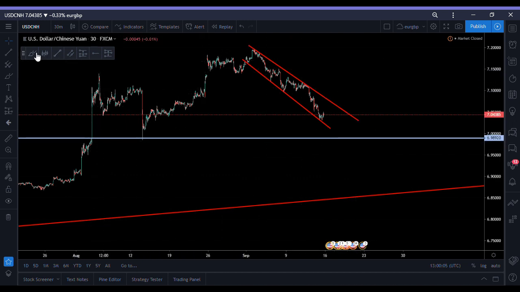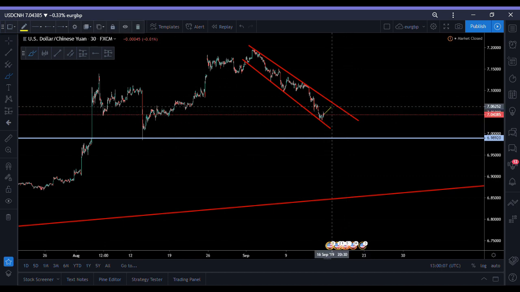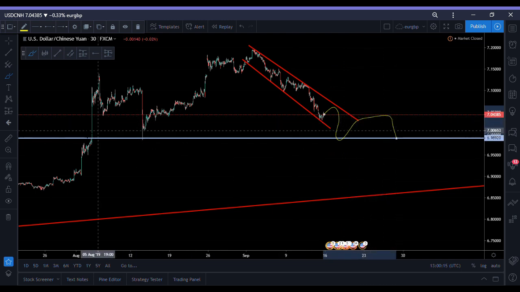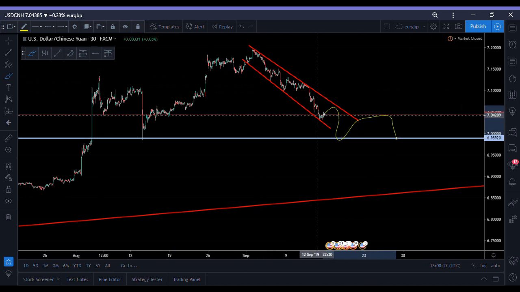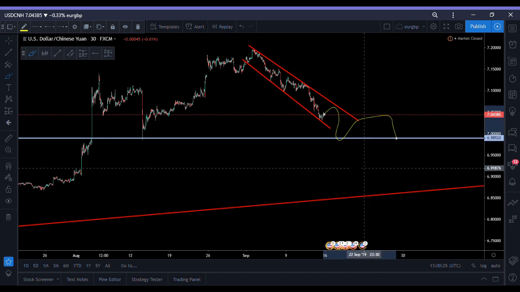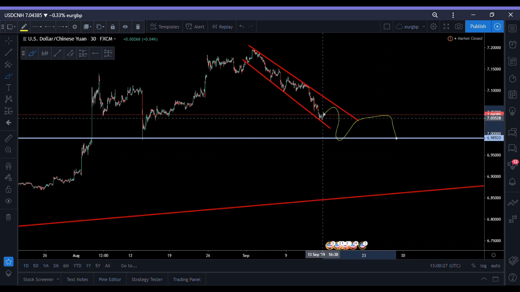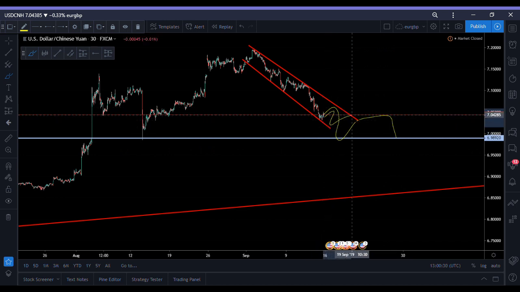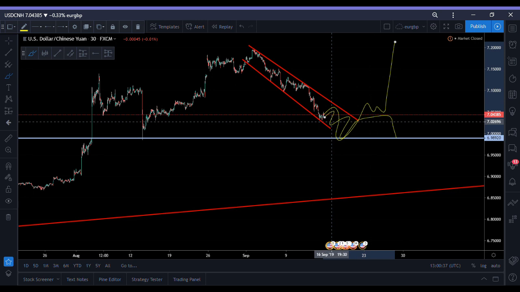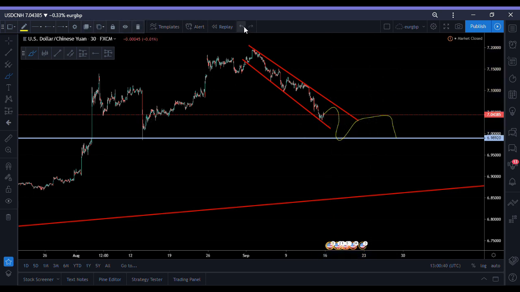So either we have price movement like this, then move to the downside, come back up, maybe move something like this, and then we can have sort of a head and shoulders, with the left shoulder, then the head over here, then the right shoulder, then we can put it downside. Or we can have price moving in this wedge, then move here, then shoot to the upside, consolidate, and move again to the upside. So those are the two scenarios that we're going to have.